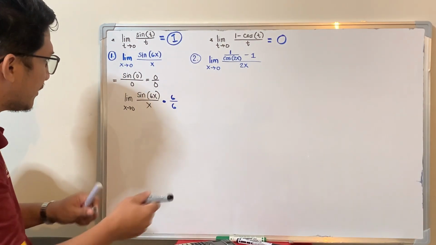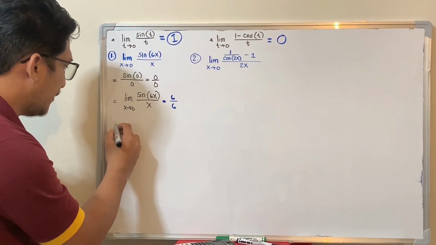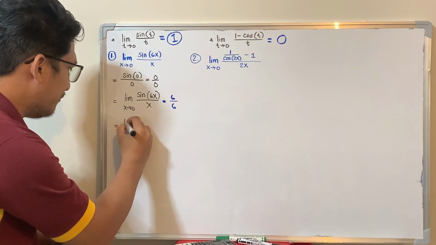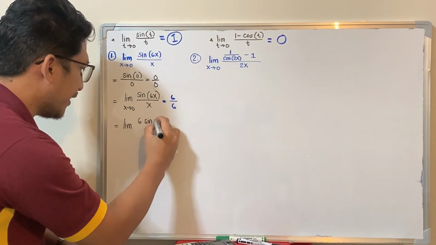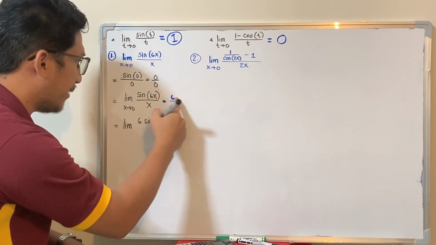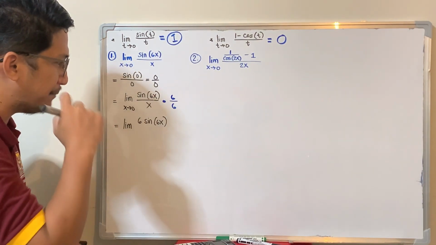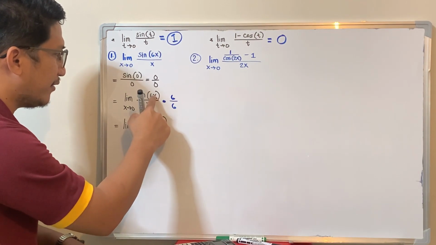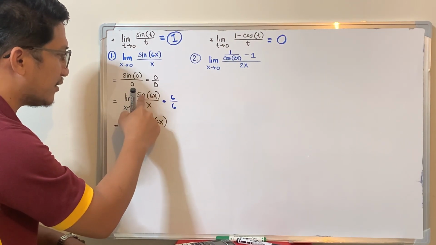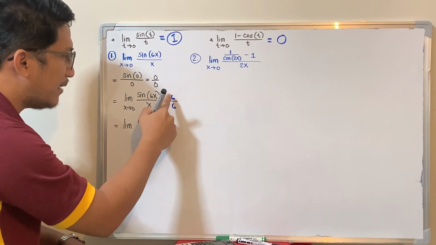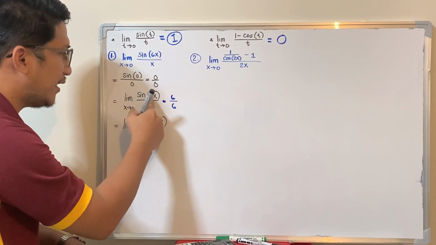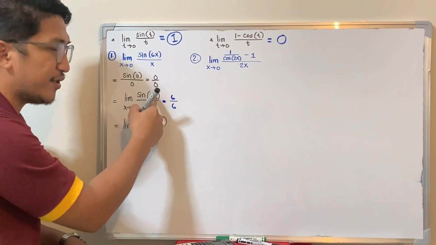So, what's next here is this, no? This is now equal to the limit of 6 sine 6x. Guys, don't multiply 6 by the angle, ha? You are not multiplying to the angle. As I said, the two are married, so they cannot be separated. In other words, that 6 is a value you multiply to the expression because this is considered as 1.